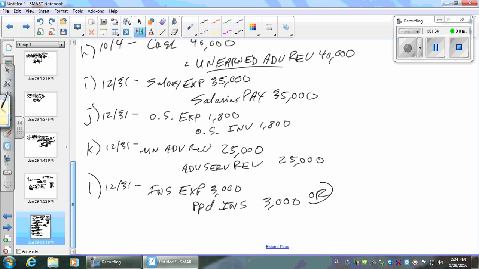If you do it this way, you have to do both of them this way, right? You can't do one way and one the other. Makes no sense. So what would you do then? Debit prepaid insurance for the 3,000 that we have not used up. And credit insurance expense. It's only the same dollar amount because it's half, right? Okay, ta-da! You do it either way, couldn't you? So if I tell you it's going to an income statement account, you could do it, couldn't you? If I tell you it's going to a balance sheet account, you could do it, right? Okay.